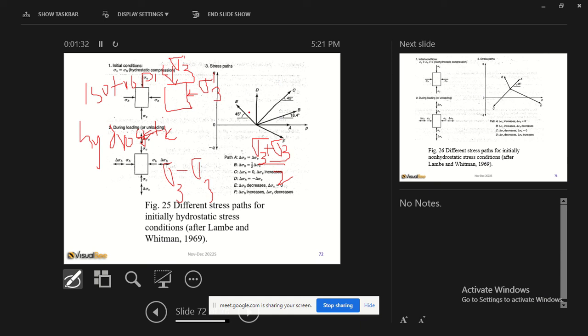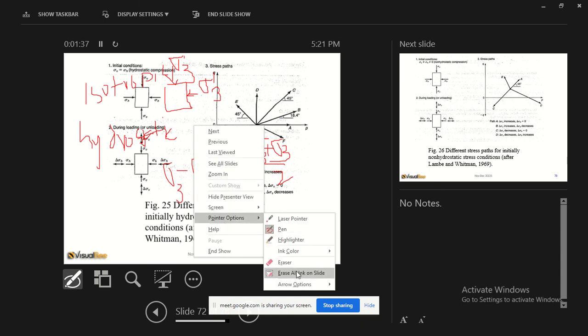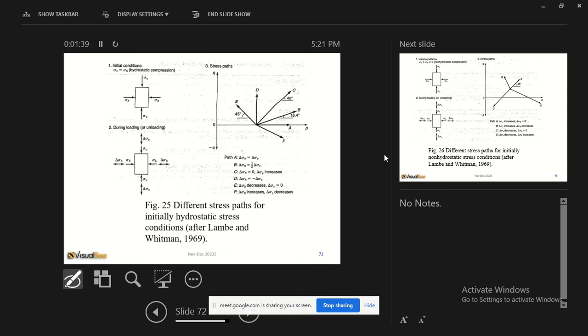So when you apply different stress paths, you have different paths. Or you can have a non-hydrostatic start, which is actually the true condition. This is normally sigma 1 and sigma 3, and at this onset condition, sigma 3 is usually 0.5 sigma 1.